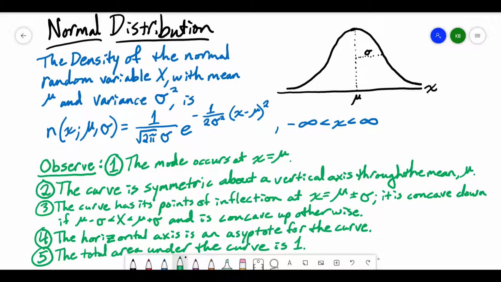That horizontal axis, because we get really, really close to it without ever touching it, acts as an asymptote for the curve. And this curve, despite going from negative infinity to infinity, the area under the curve is equal to 1. It is a probability distribution.